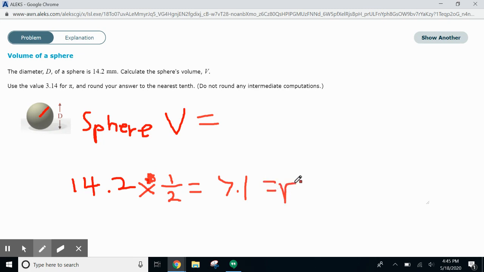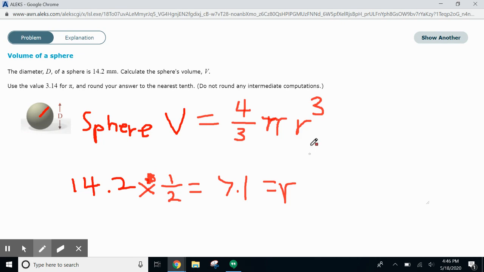That equals R. So for the volume formula for a sphere, it's going to be the fraction 4/3 times pi, and it's not going to be R squared, it's going to be R cubed.